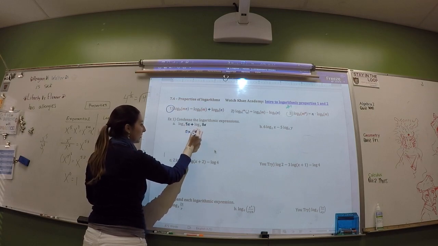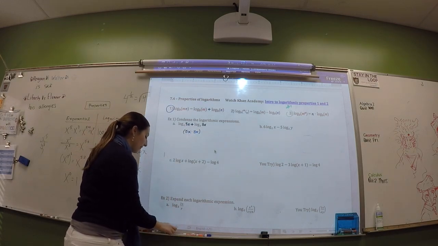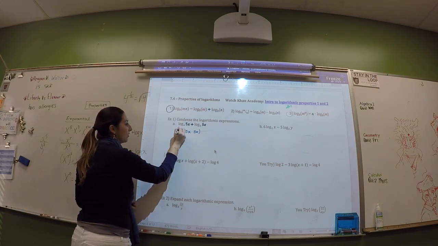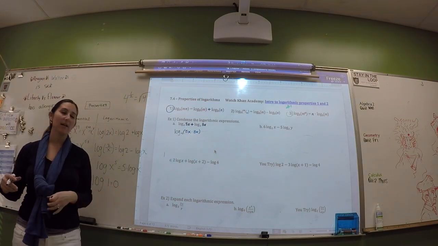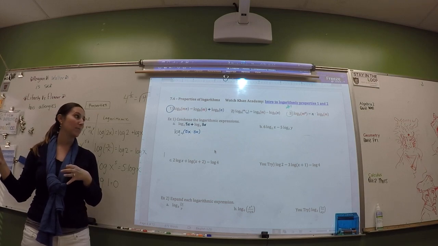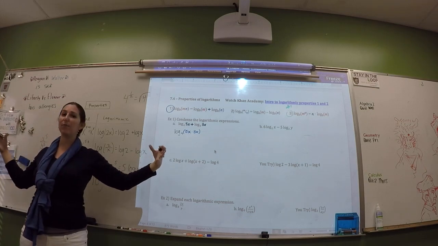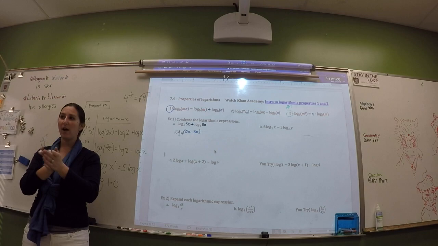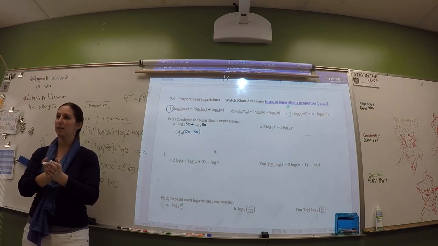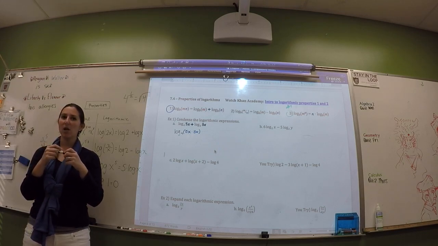And after we multiply them together, we will have condensed that into one single logarithm. So instead of log base 4 of 5x plus log base 4 of 3x, we just have one logarithm of 5x times 3x.